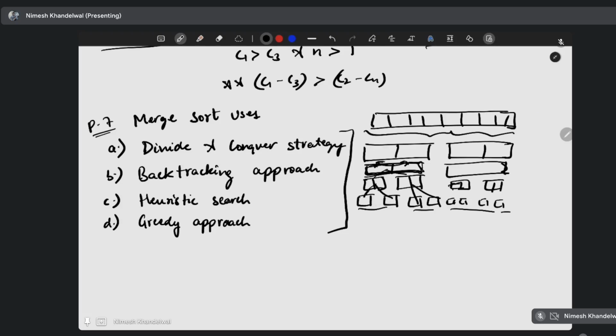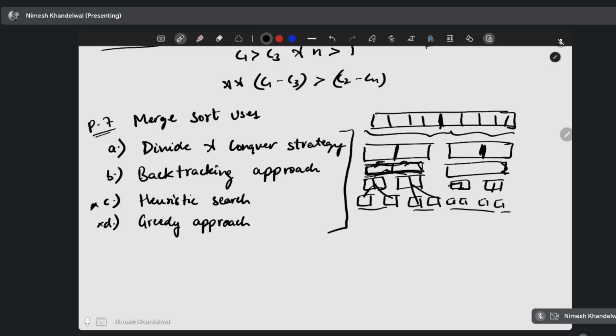So of course it's not greedy. It's not a heuristic based approach, because we are not taking any heuristic about how we divide or how we sort these arrays. All of these are well defined, right?